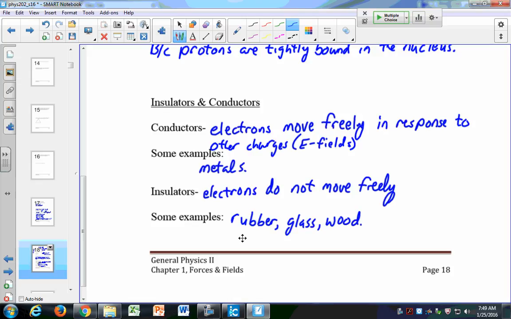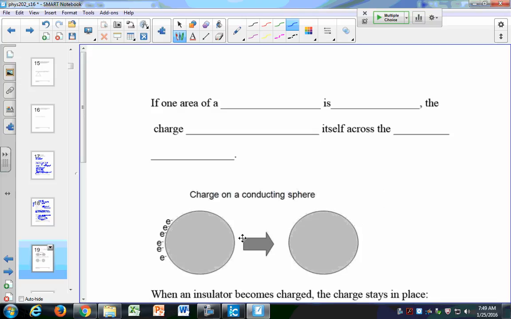The energy workers have those big long fiberglass poles to turn the switches on and off on the power poles. All right, insulators and conductors, just know what those are, how they're characterized, and some examples of each.